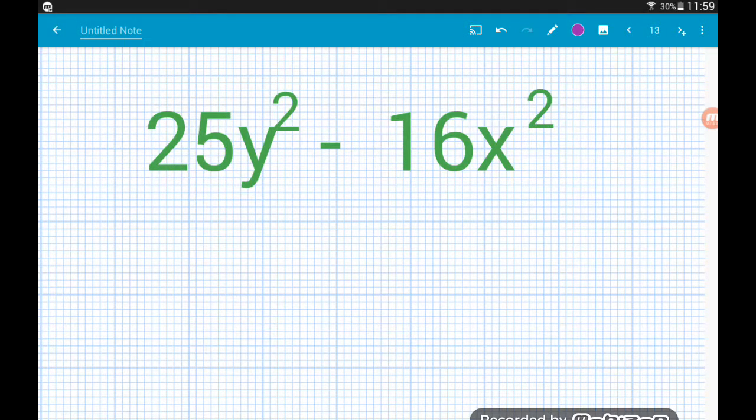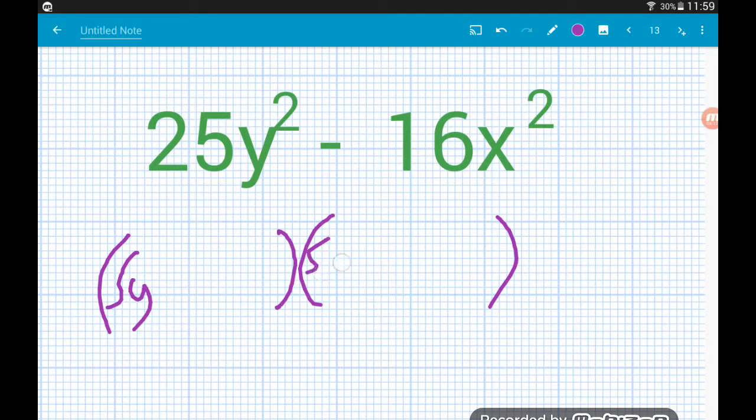Okay, and then the final example, 25y squared minus 16x squared. It probably looks a little bit scary, but let's not let it be the boss of us. The square root of 25y squared is 5y. And then the square root of 16x squared is 4x. So in each of our brackets, we're going to have 5y plus 4x times 5y minus 4x.